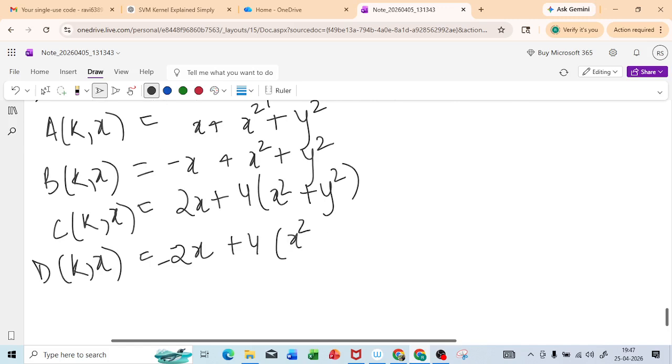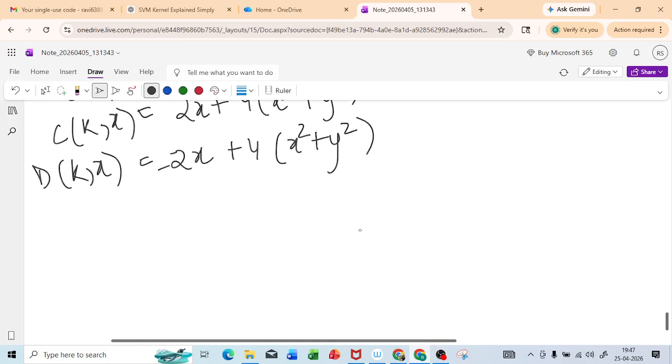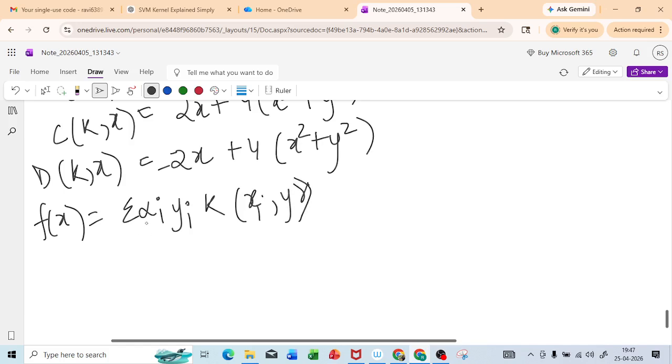Alright, so the mistake I made was earlier in the summation. What the function fx says is alpha I into yi into k of xi, xj. Now what I did was take alpha I out because this was common, so 1 by 9 was there, but I forgot that we also need to consider yi.